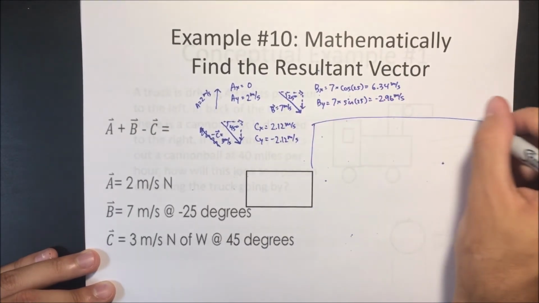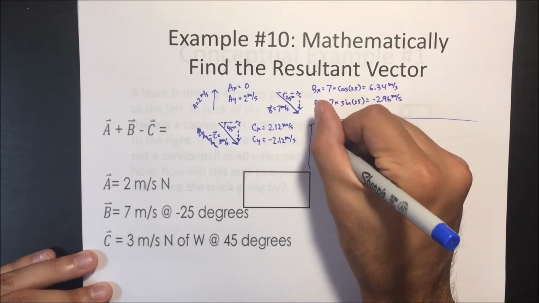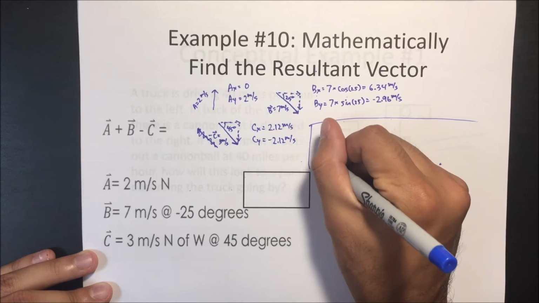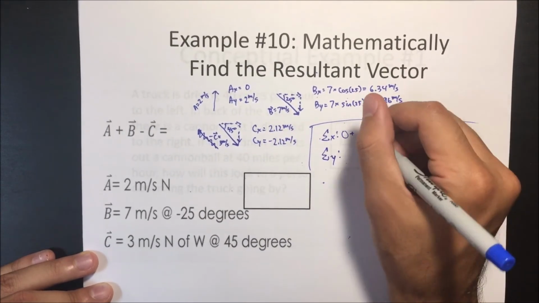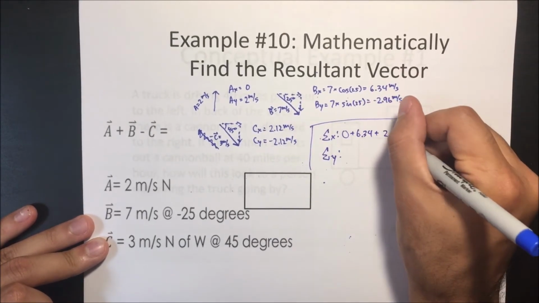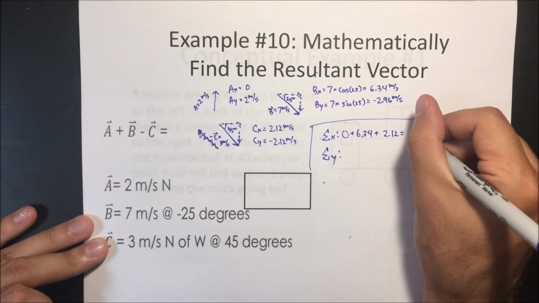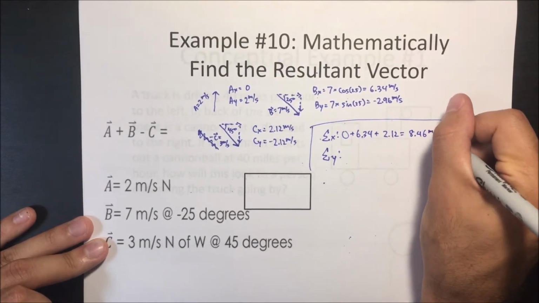Now that we broke everything up, we want to combine all the x's and the y's. So find the total of the x and find the total of the y. So x is going to be 0 plus 6.34 plus 2.12, and we get 8.46 meters per second.